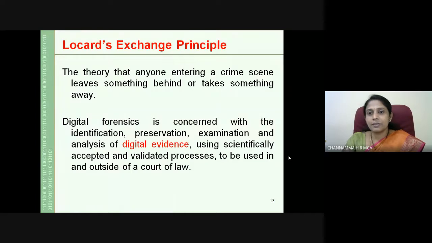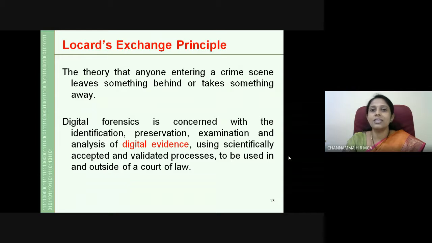As a cyber crime investigator, he always believes in Locard's exchange principle. It says that anyone entering a crime scene leaves something behind or takes something away. This is very true in the case of physical crime, isn't it?